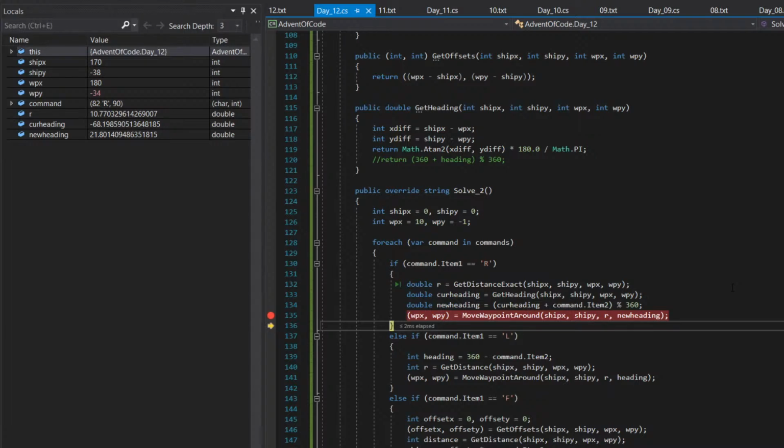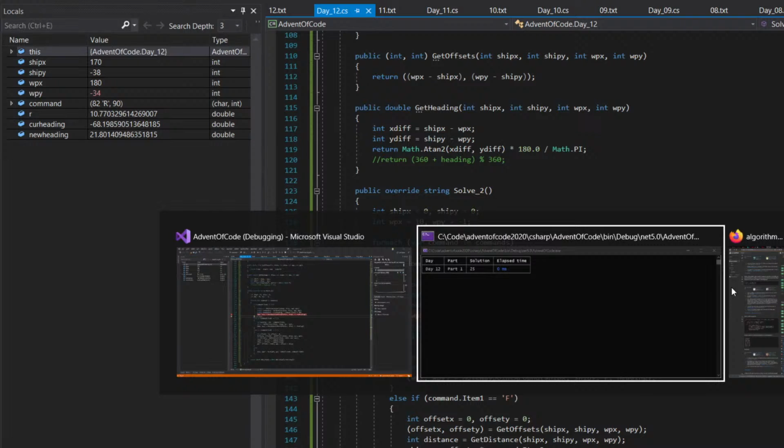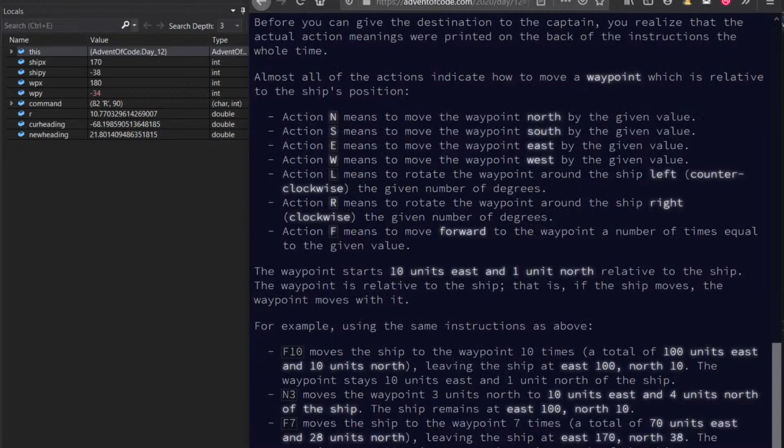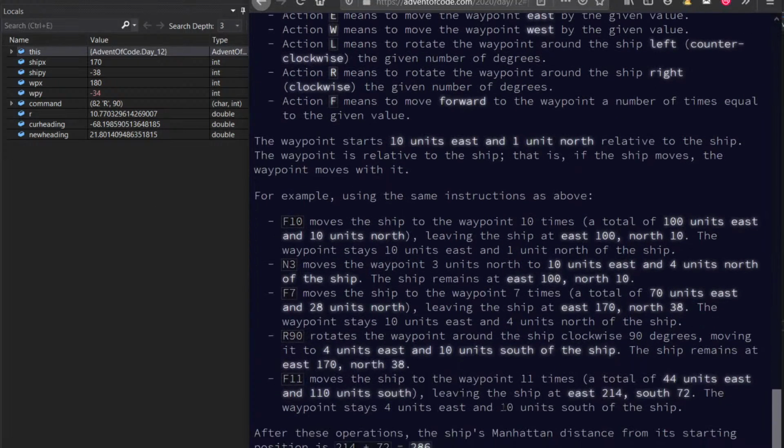Actually, I think that looks right. But this says moving at 4 units east and 10 units south of the ship.